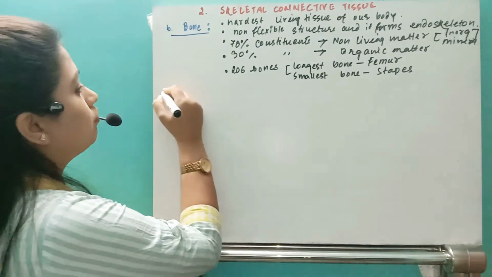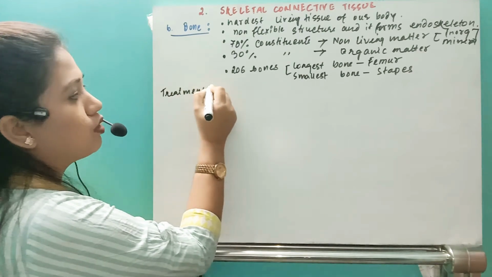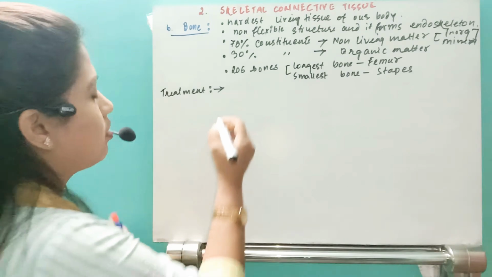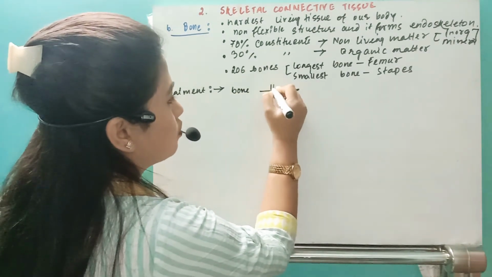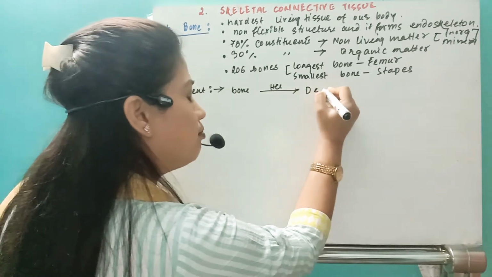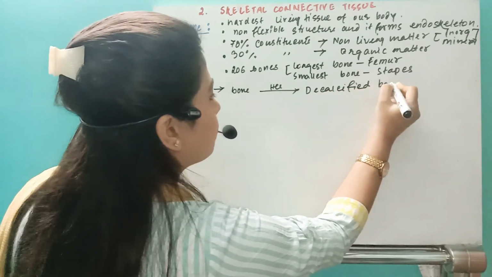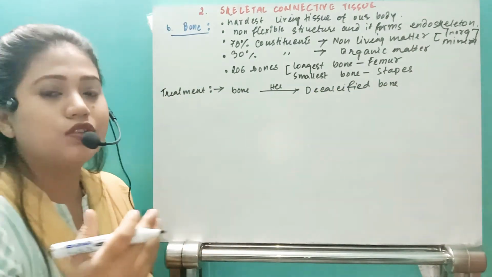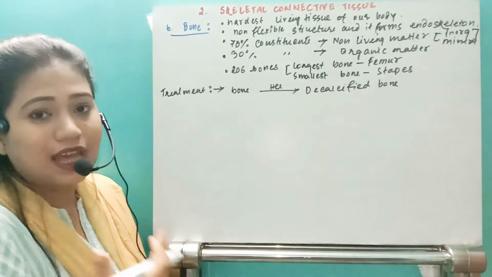First of all, we will see the treatment. If we treat a bone with hydrochloric acid, what will happen? A bone treated with hydrochloric acid is known as decalcified bone. That means whenever that bone is treated with strong acid, the calcium component is removed.